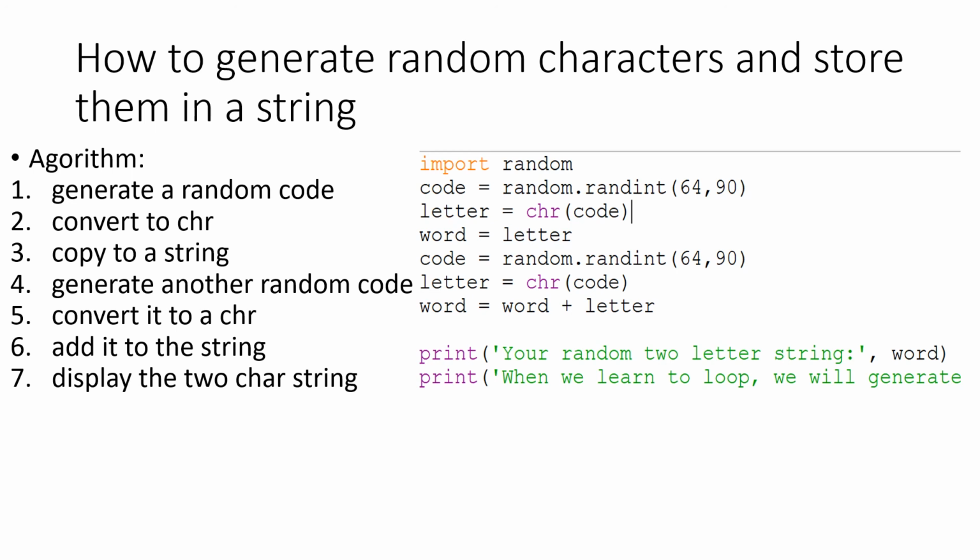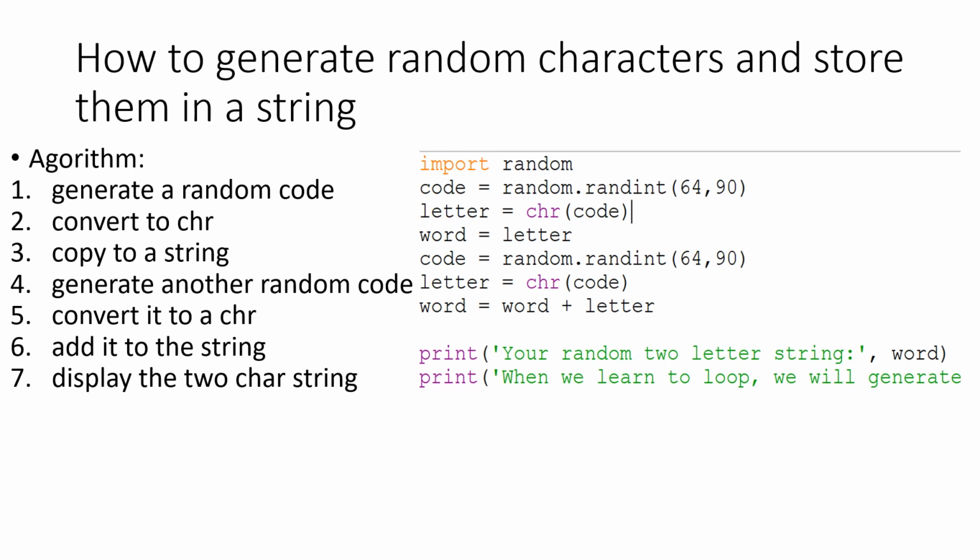Do not import that for each value that you want to generate randomly. So once at the beginning, now you have it available and you can code using the random.randint statement. So we import that, then we say the code equals random.randint, and we start at 65 and we end at 90. And then we say that the letter equals the character of that code.